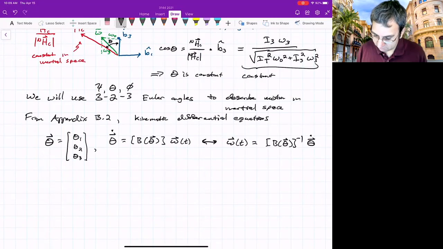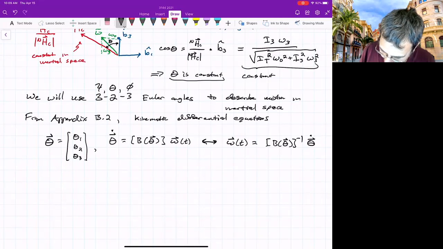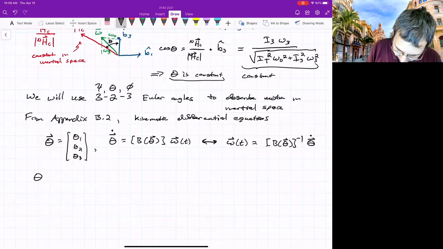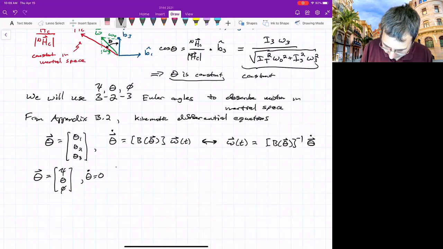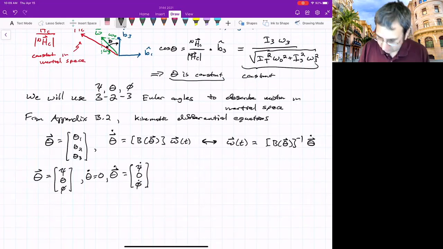We could use the fact that theta is a constant. Here we're using for the Euler angles the vector psi, theta, phi. But we also know that theta dot equals 0. So if we were to write the Euler angle rate vector, we have psi dot, 0, phi dot. That'll simplify some calculations here.